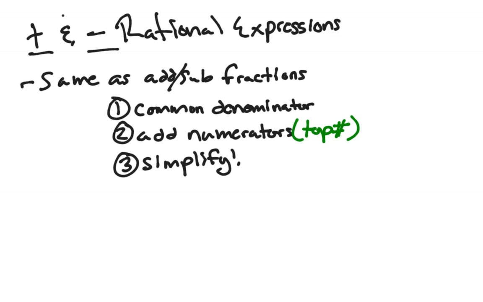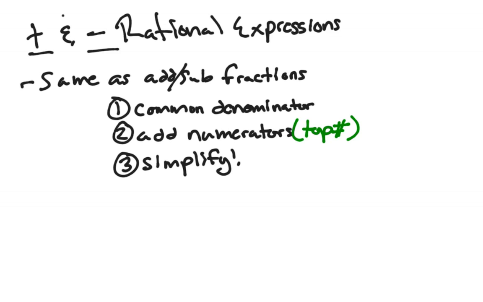These are going to be the same steps that we use in order to add and subtract rational expressions, except I'm going to make one addition. We're going to get one extra rule for adding and subtracting rational expressions. One extra step. And that extra step is going to go in the very beginning, and it's going to have to do with our polynomials. We want to deal with the simplest polynomials possible.